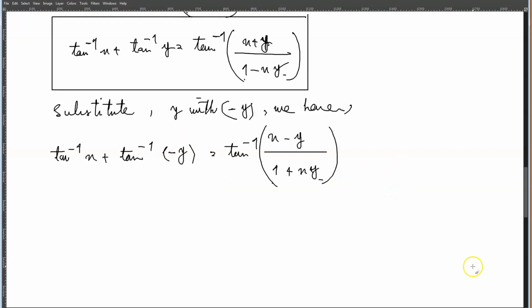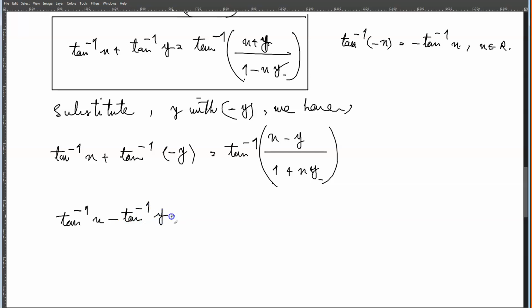And previously we said that the tan inverse of negative x is equal to negative tan inverse of x for all x belonging to R. So I can write tan inverse of negative y as negative tan inverse y, so I can write this as tan inverse of x minus tan inverse of y is equal to the tan inverse of (x minus y) over (1 plus xy).